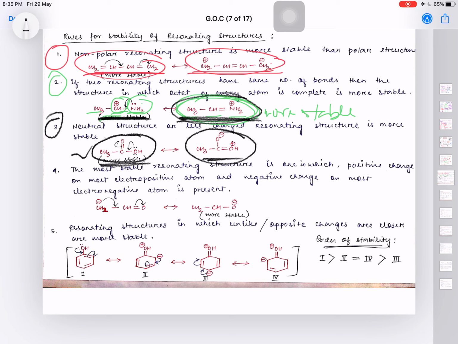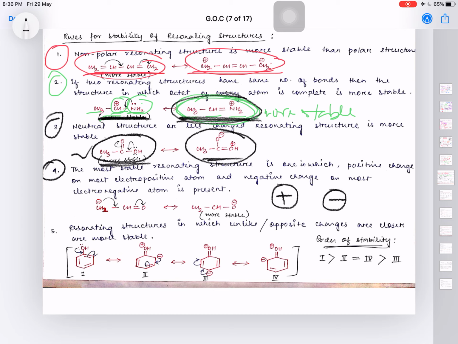Okay, the fourth rule says that if you have a plus charge or a minus charge, then you should keep in mind that the structure in which the positive charge is present on an electropositive atom, for example metals like sodium, potassium, these are electropositive. If you have plus charge on metals or electropositive atoms, then it will be more stable.